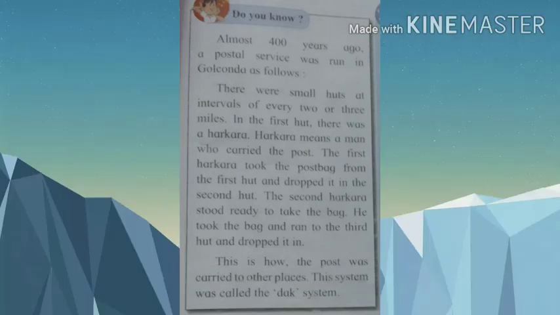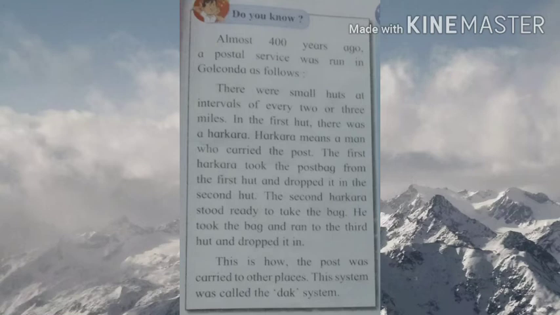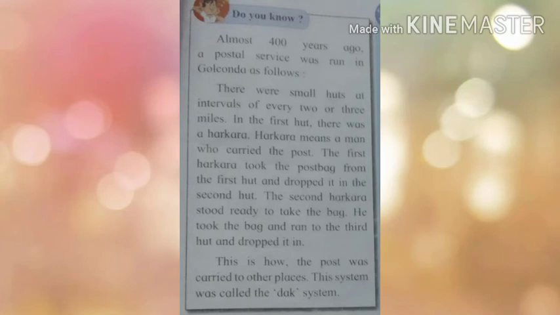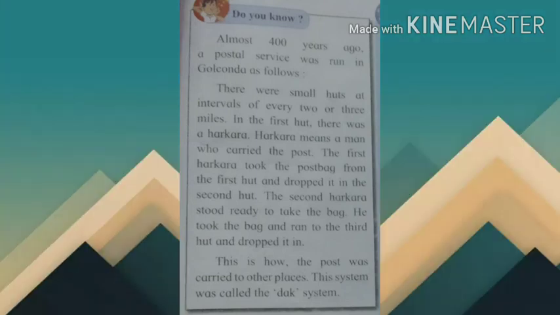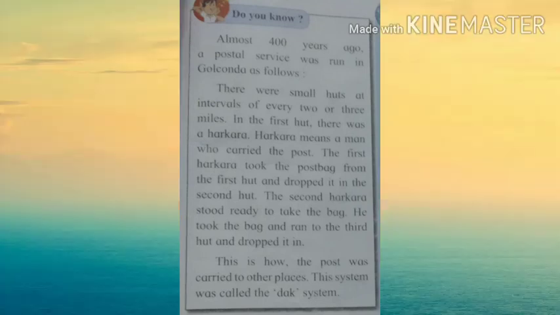Do you know? Almost 400 years ago, a postal service was run in Golconda as follows. There were small huts at intervals of every 2 or 3 miles. In the first hut there was a harkara. Harkara means a man who carried the post.